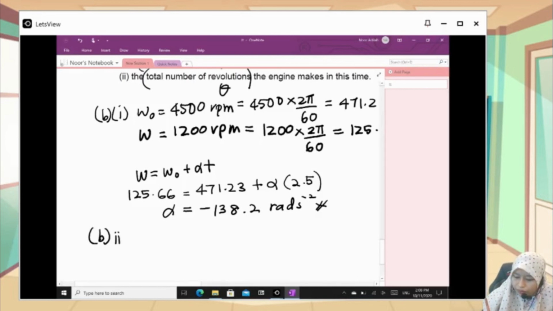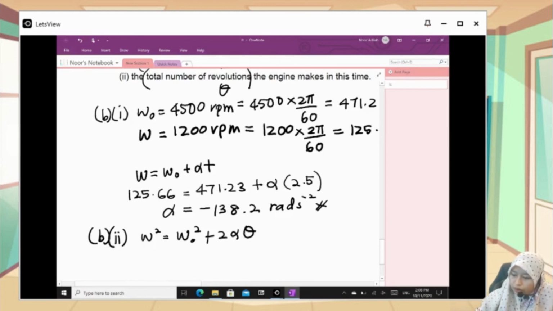Okay, then the last one is B2. B2 is theta. So maybe we can use omega squared equals omega naught squared plus 2 alpha theta.